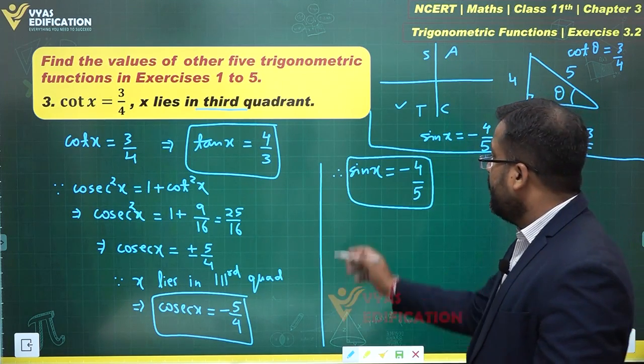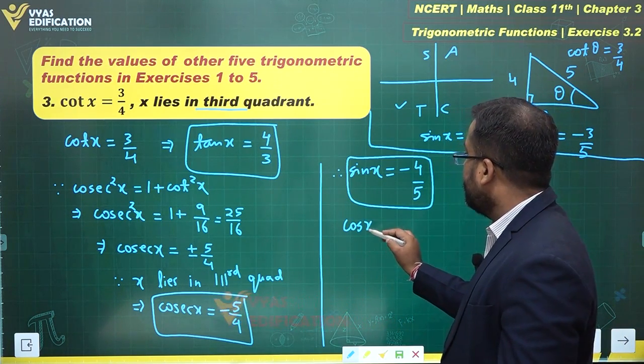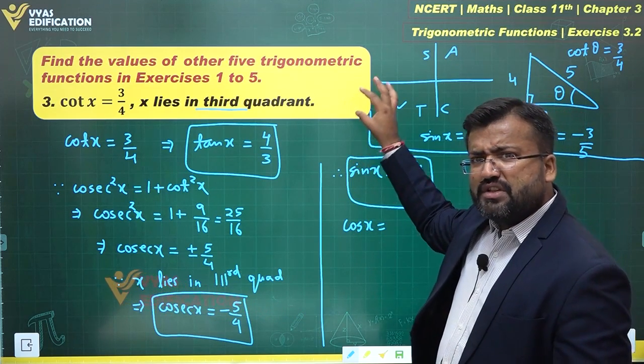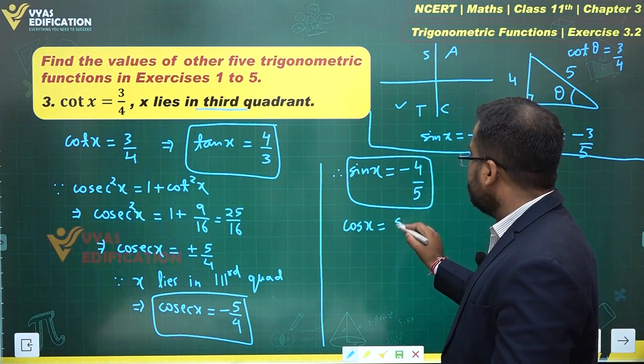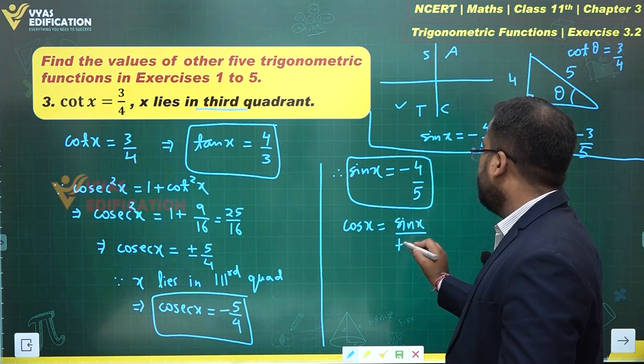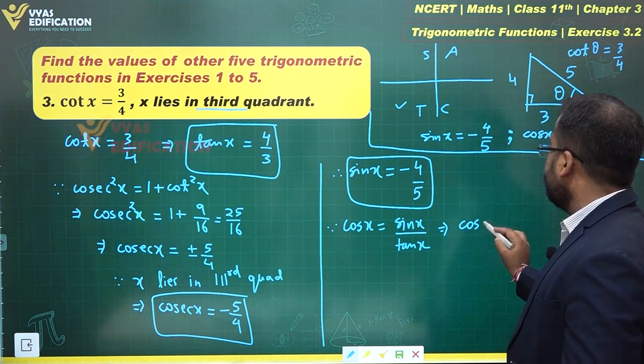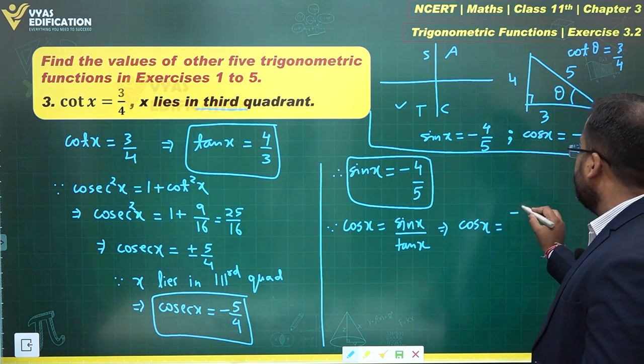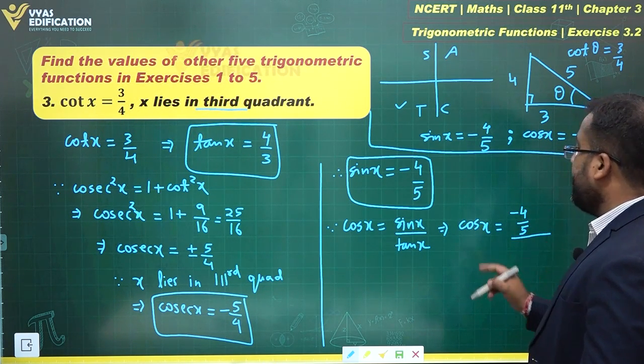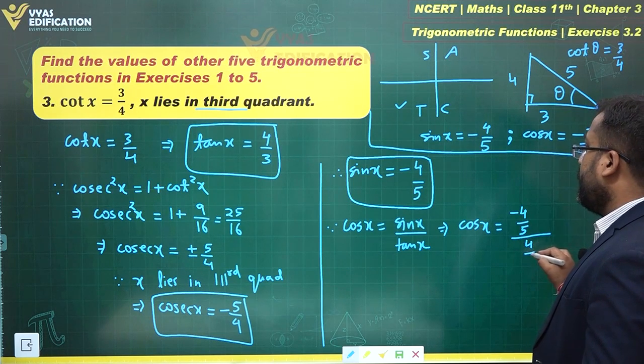How do we find that? Since tan x equals sin x upon cos x, cos x would be equal to sin x over tan x. So cos x will be equal to sin x, which is minus 4 upon 5, whole divided by tan x, which is 4 upon 3.